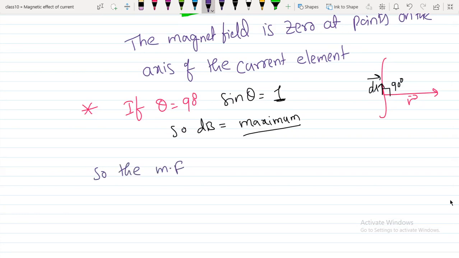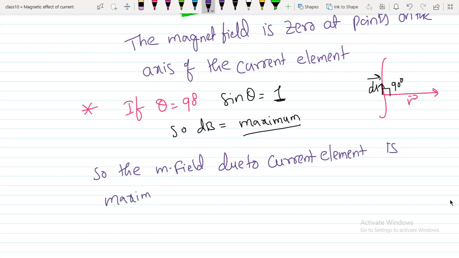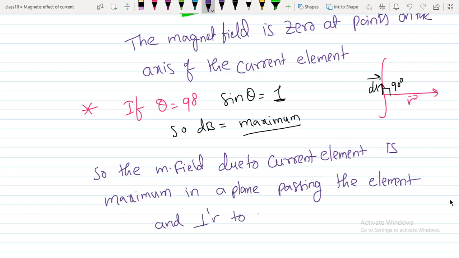So the magnetic field due to a current element is maximum in a plane passing through the element and perpendicular to its axis.